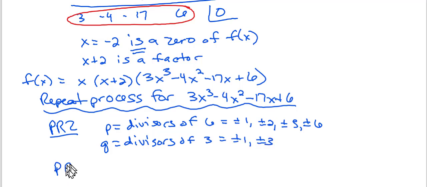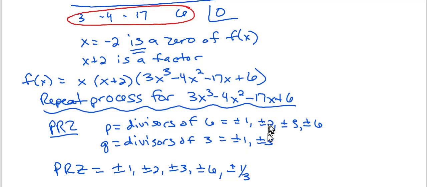So my possible rational zeros would be all of those over 1. And now putting them over 3: 1/3, 2/3, 3/3 would be 1, which we already have, and 6/3 would be 2, which we already have.